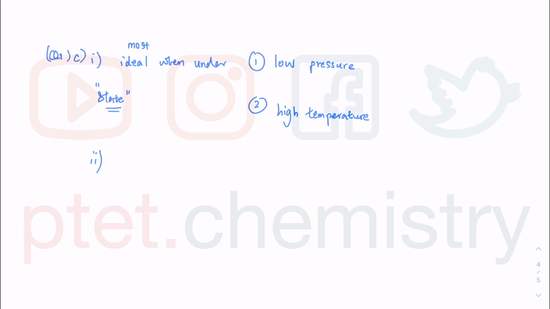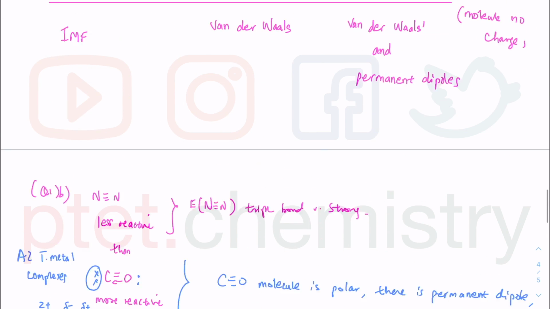Number 2 is about why nitrogen gas behaves more like an ideal gas. So the temperature and the pressure are not to be explained here because it's the same condition for N2 versus CO. You cannot talk about N2 having a different number of electrons than CO because that was just what you had done.